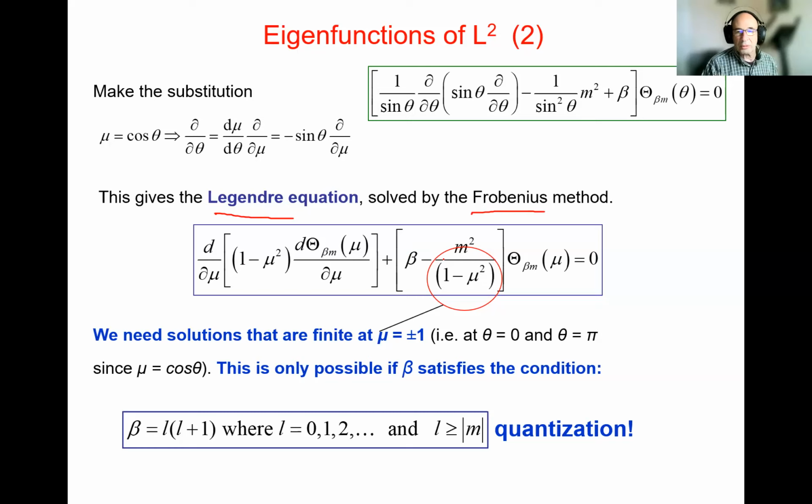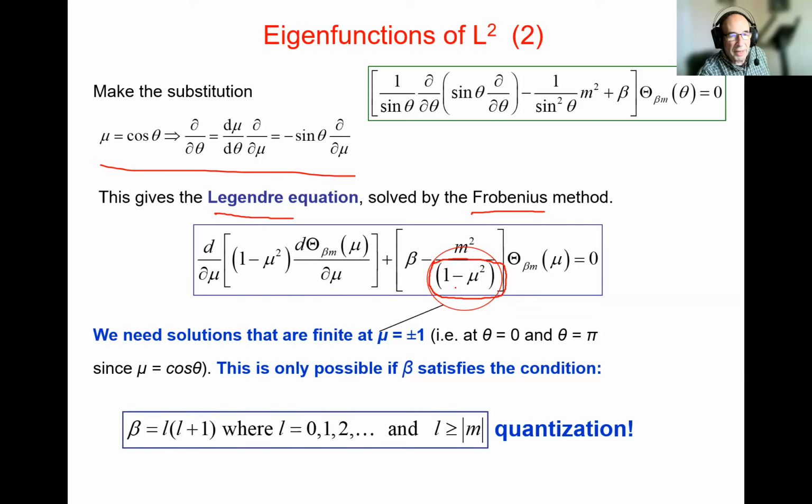So we are not going to go through this maths, but what we are going to say is that after some substitution, which is usually how you deal with differential equations, you arrive at a little bit simpler form. And in this simpler form, you find that in the denominator you have 1 minus mu squared.